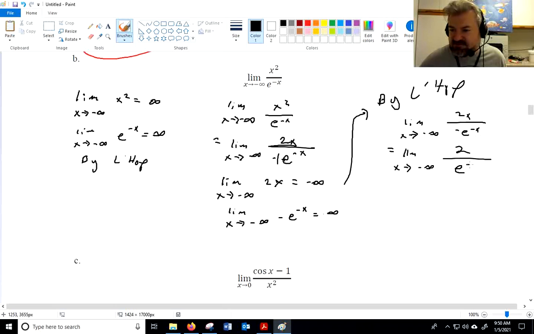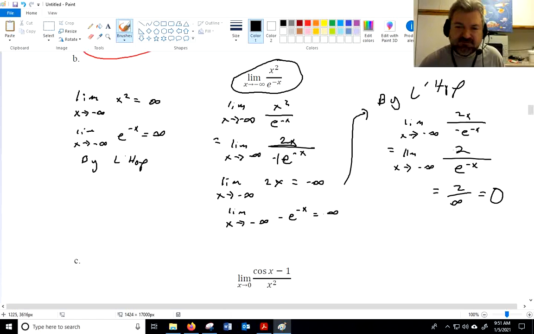The derivative of e to the negative x is e to the negative x times negative 1, so the negative will cancel out. So when I plug in now, I get 2 over infinity. 2 divided by a number going to infinity is in fact 0. So this limit here must be 0, but we had to apply L'Hopital's twice.